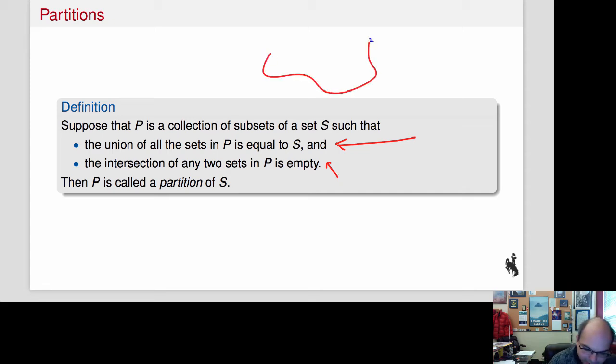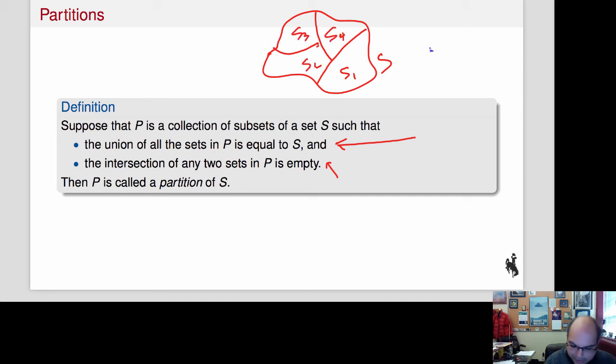So what I like to think of is a big set over here like this, right? So this is my set S. And then I'm going to split up that set into some pieces like so. So that is a partition, and I have S1, S2, S3, and S4, right? And you see that if I take S1 union S2 union S3 union S4, I get back S. So that's the first property.